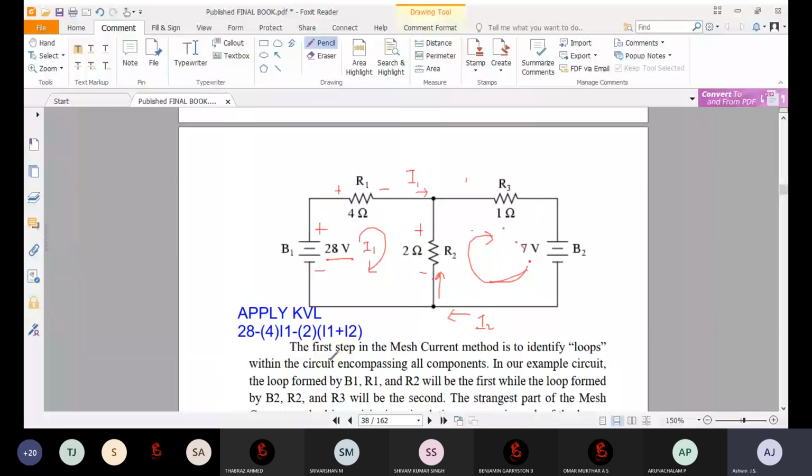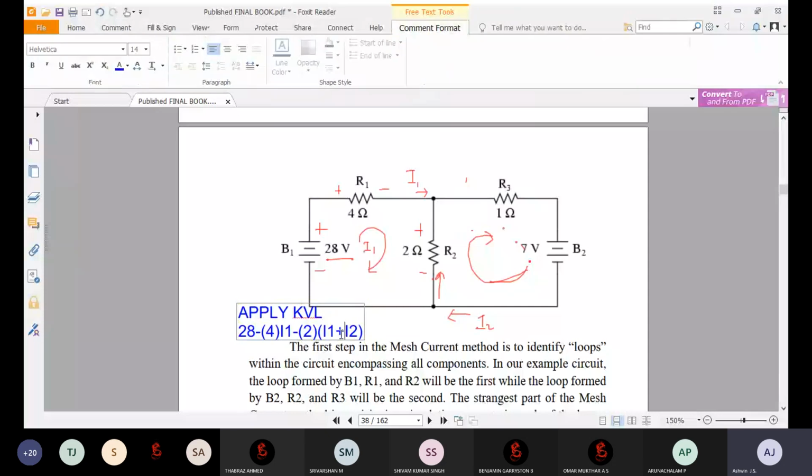On that time, what I will do is change the symbol. Previously both currents were added together and coming in the same direction, so I represented I1 plus I2. Suppose in the second case the current is in the opposite direction, so I will change the plus symbol into a minus symbol with respect to loop 1.